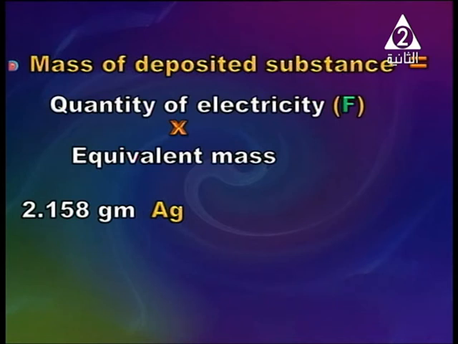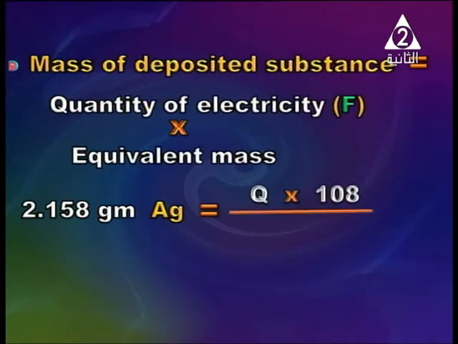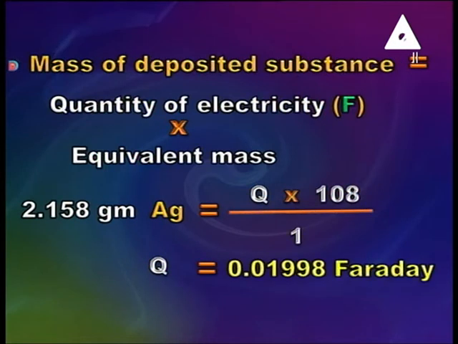So we have the mass of the silver, 2.158 gram, equal to the quantity that passes in the two cells connected in series times the equivalent mass of silver, which is equal to 108 divided by its valency, which is monovalent. So we can calculate the Q, the quantity of electricity in Faraday passing in the two cells.